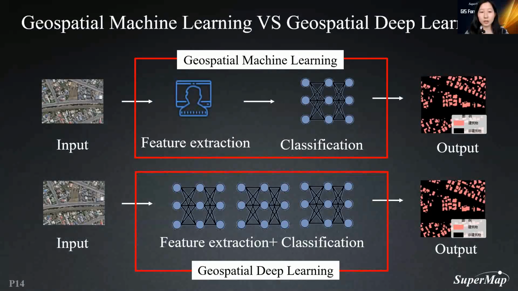However, geospatial deep learning can automatically extract the features, while geospatial machine learning can't, and requires human assistance. So, the geospatial deep learning is more intelligent and convenient.